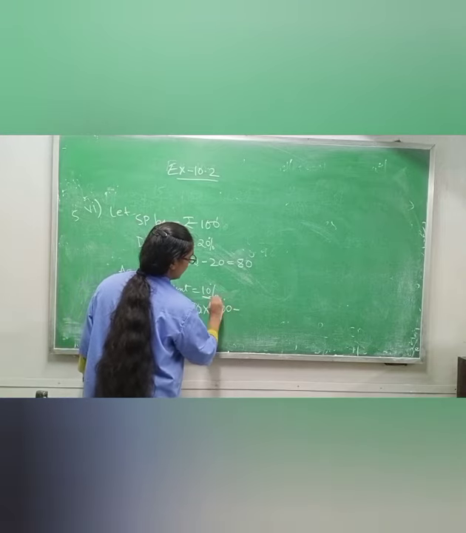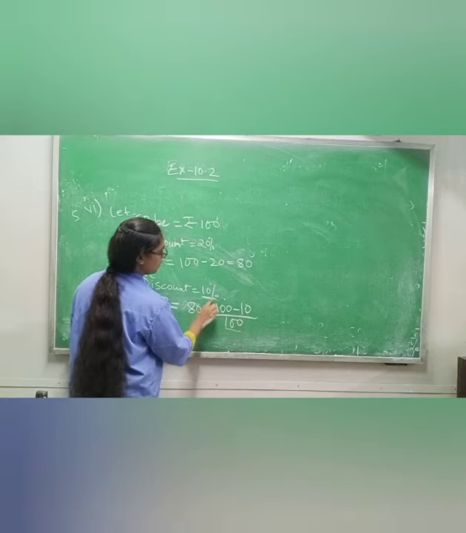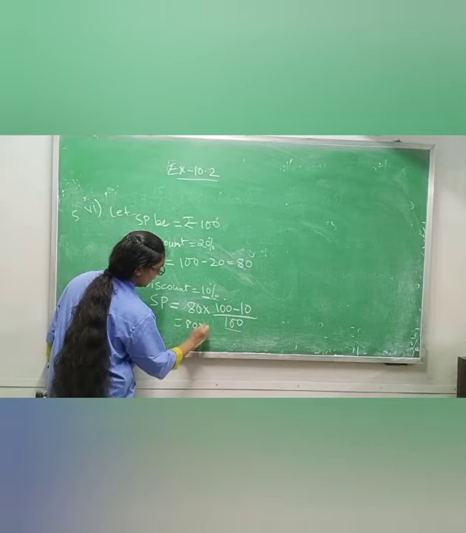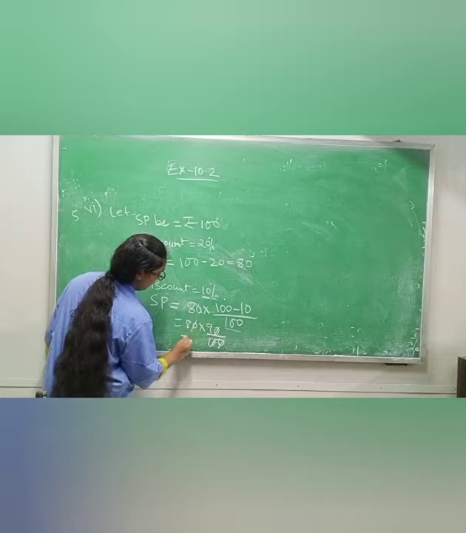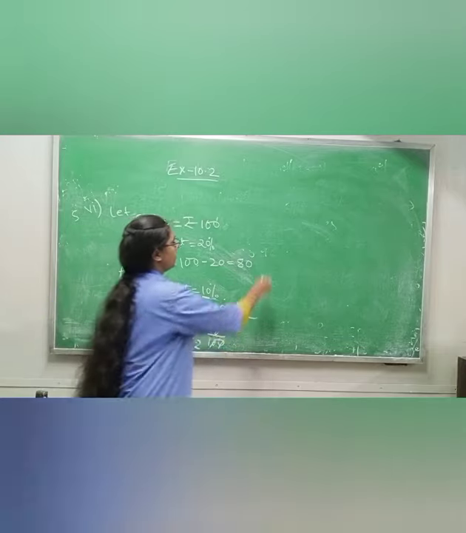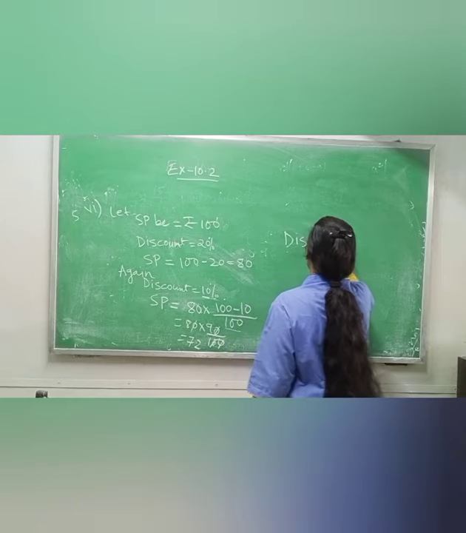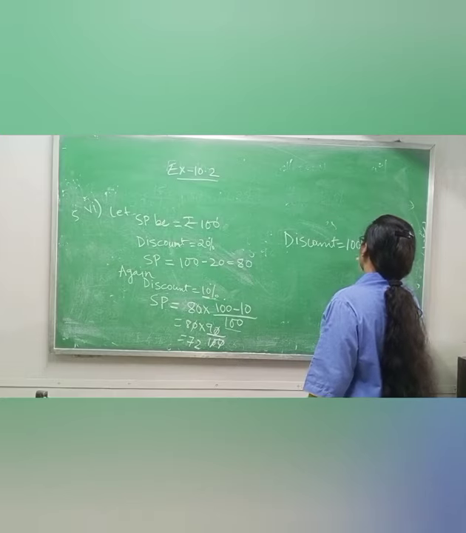Total 100 and 10% discount, divided by 100 to remove the percentage sign. So 80 into 90 by 100, zeros cancel, 8 9s are 72. Therefore the discount is 100 minus 72, so the total overall discount is 28.